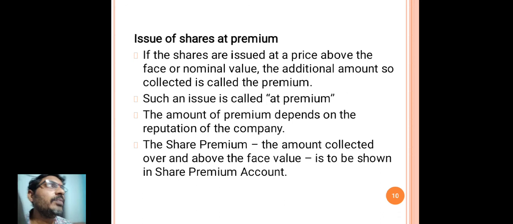So the additional or excess amount the companies collect above this face value is called the premium amount. This premium amount collected over and above the face value is to be shown in the share premium account.